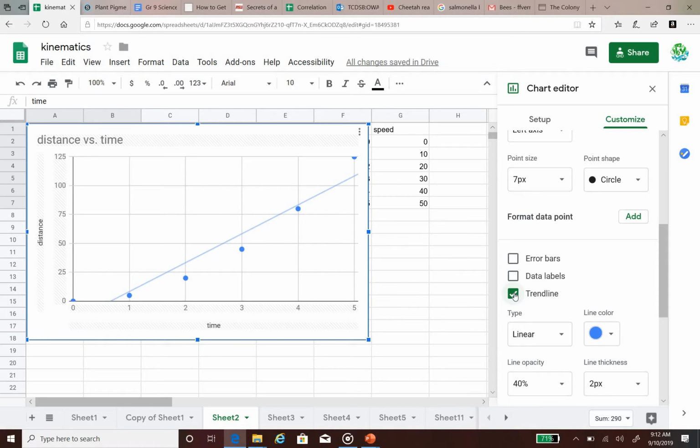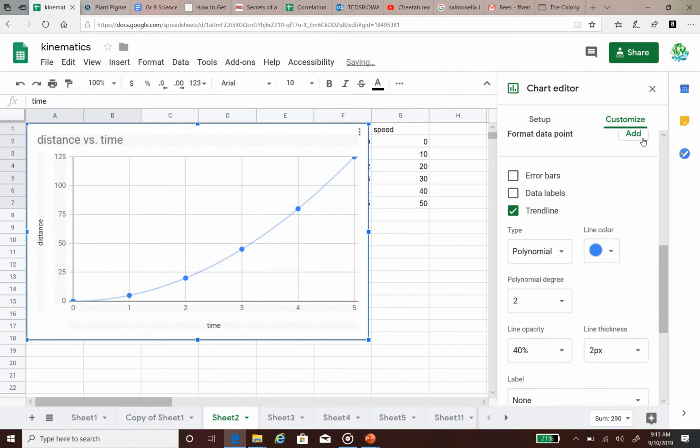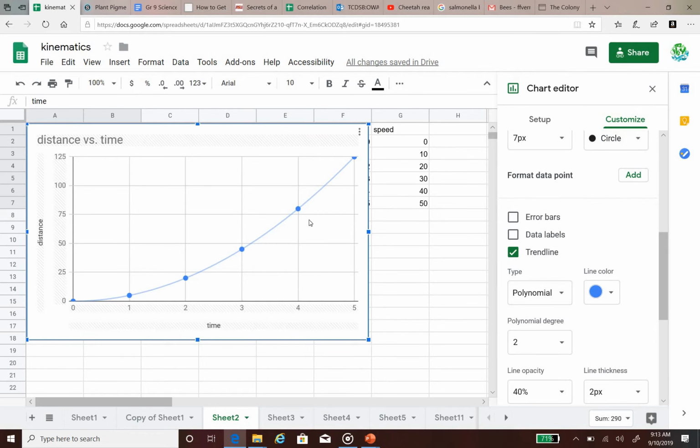There's something really odd about this trend line, right? This is not the right trend line. This is looking at something that's linear. It's not linear. So I'm going to show you something called a polynomial, which if you know your math, you should be familiar with. Basically, this is the equation that best fits this curve.